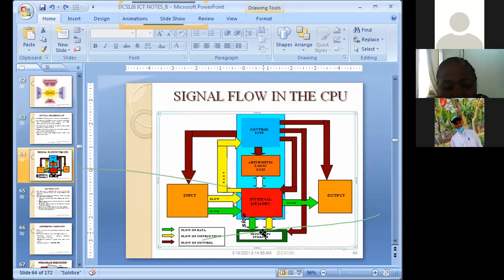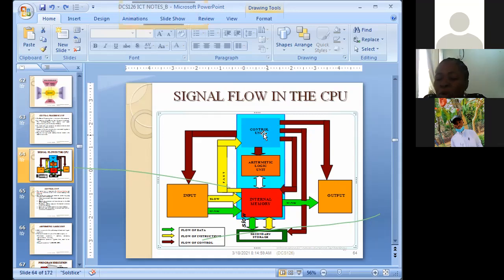I think we have stayed enough on this. And now finally, you have a data flow from internal memory to the output device. What happens here? I didn't explain this. After the control unit signals the output device, maybe your monitor, the signal is get ready to receive output.